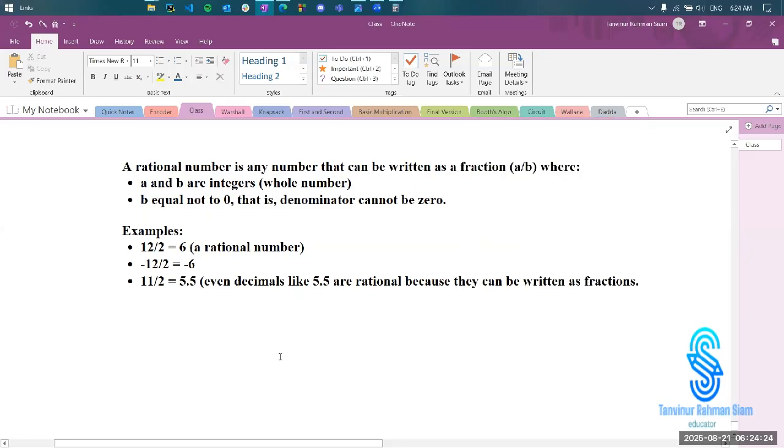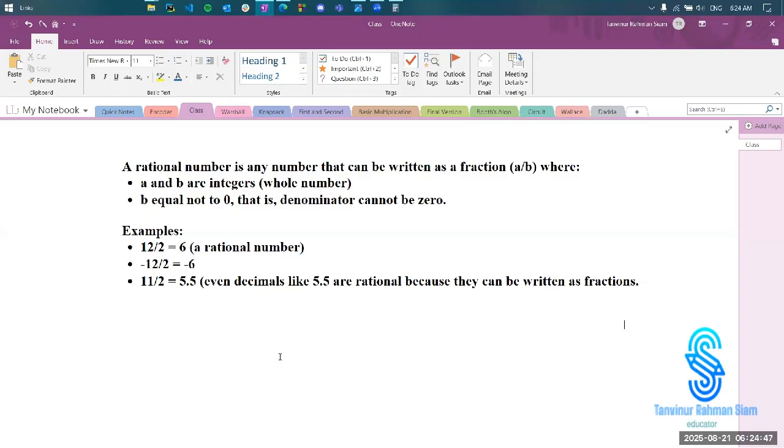First, they have said that 12 divided by 2 will provide you 6, a rational number. Then minus 12 divided by 2 will provide you minus 6, and it is nothing but a negative number. So we know what a positive number and a negative number are, right?